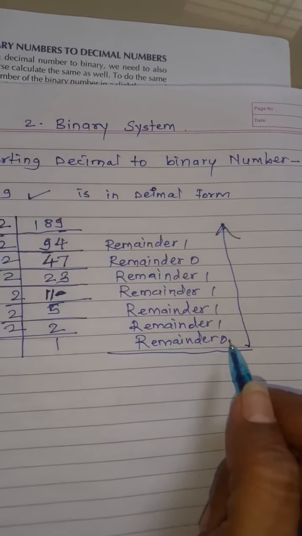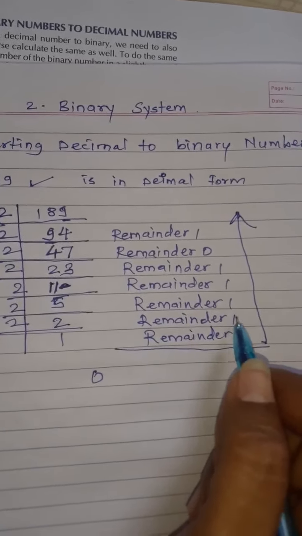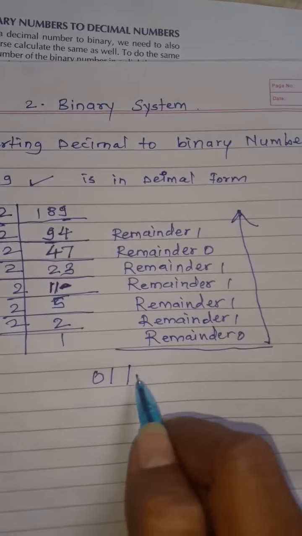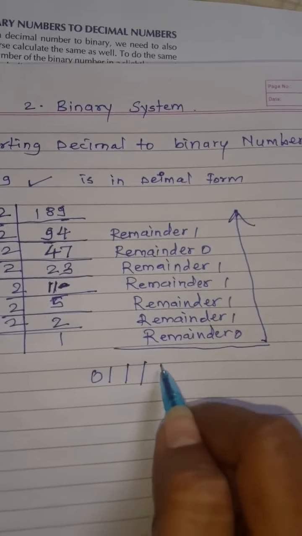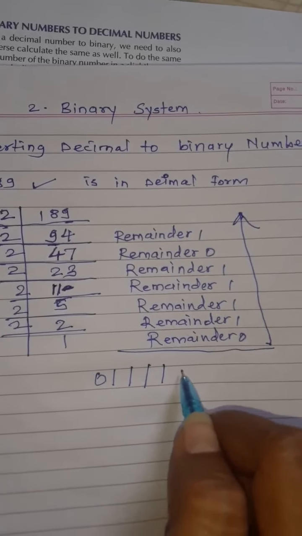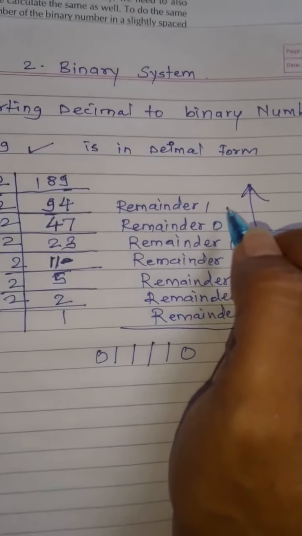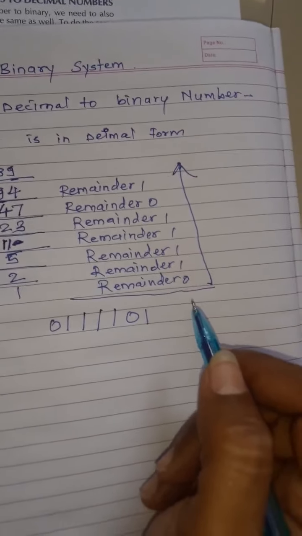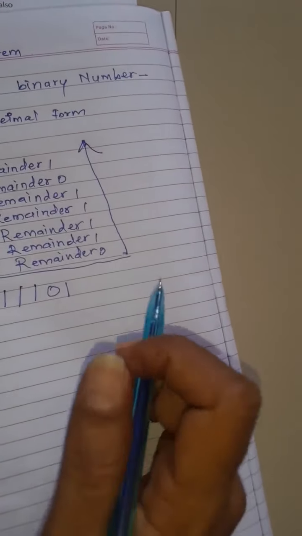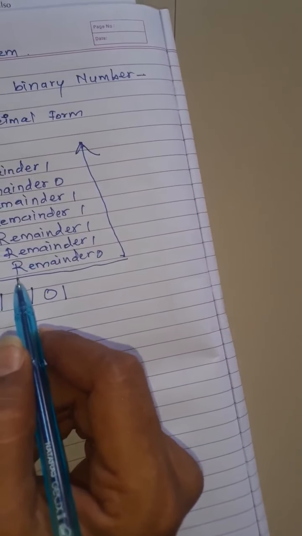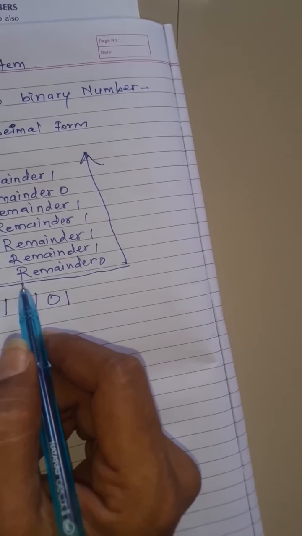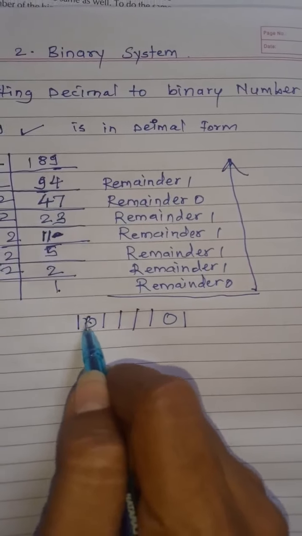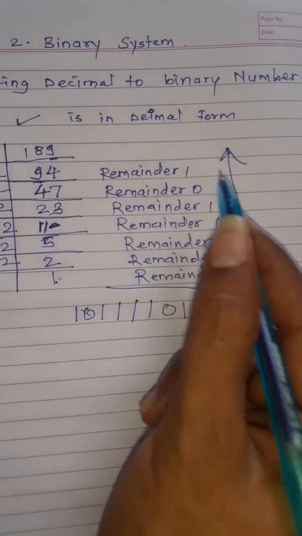First we write 0 at the bottom, then 1, then 1, then 1, then 1, then 0, then 1. So the binary number is 0 1 1 1 1 0 1.